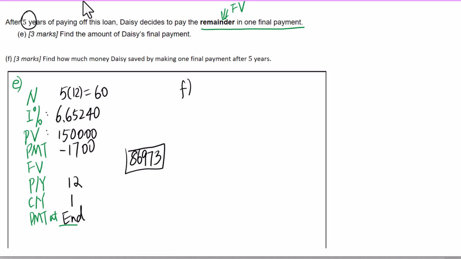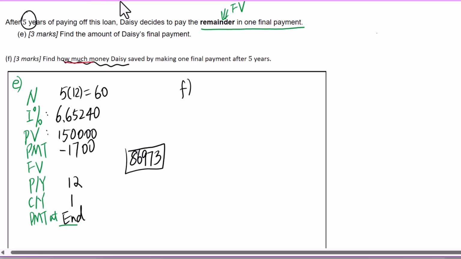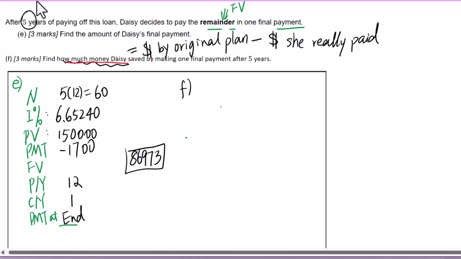Let's go to F. Find how much money Daisy saved by making one final payment after 5 years. How much money Daisy saved equals the dollars by original plan minus the dollars Daisy really paid. Dollars by original plan, 1,700 times 10 years times 12.